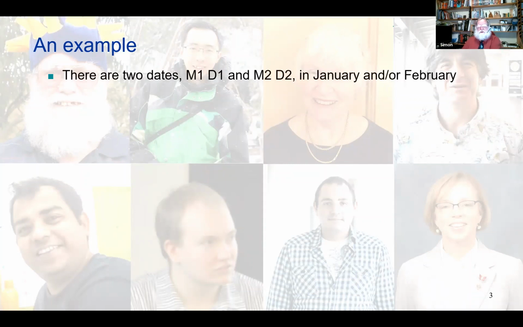This is a very short assignment that I set earlier this year. We've got two dates, month 1, day 1, and month 2, day 2. And we know that month 1, day 1 is before month 2, day 2, and that they're in January and or February. And we want to know how many days between these dates.